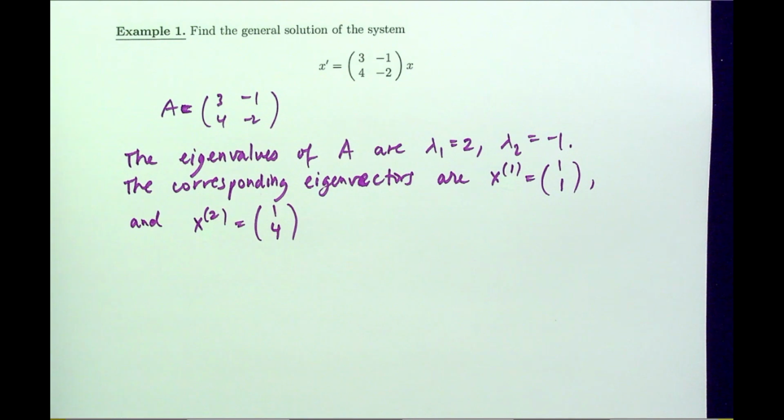All right, so that would be the first step. Find the eigenvalues and eigenvectors, and once you have that, really, again, it's over. We can immediately write down the general solution.